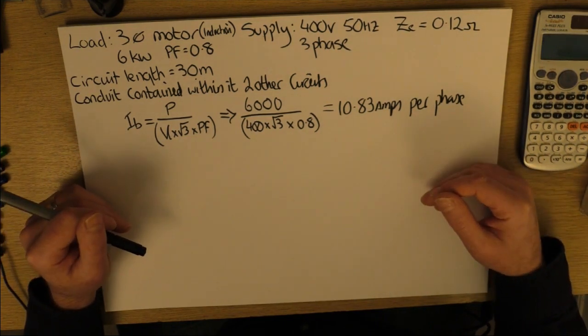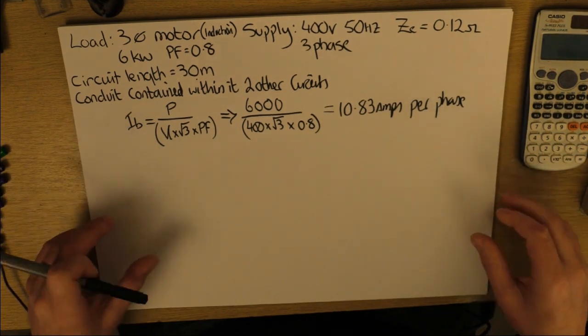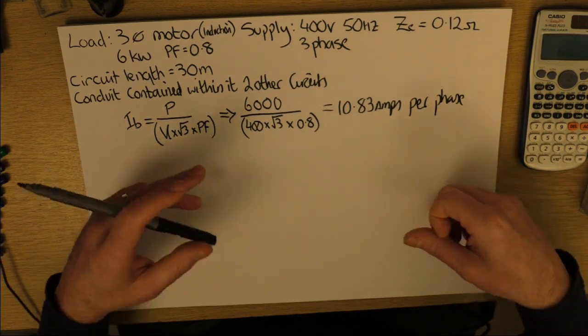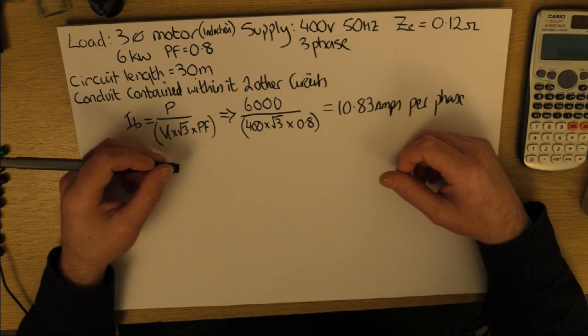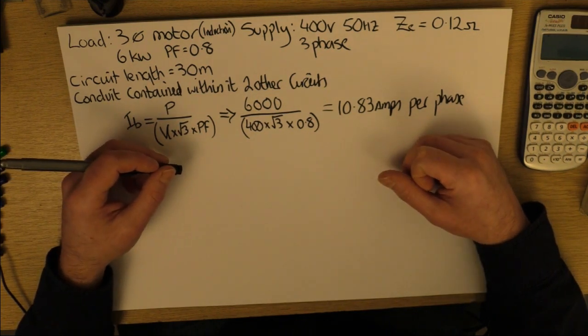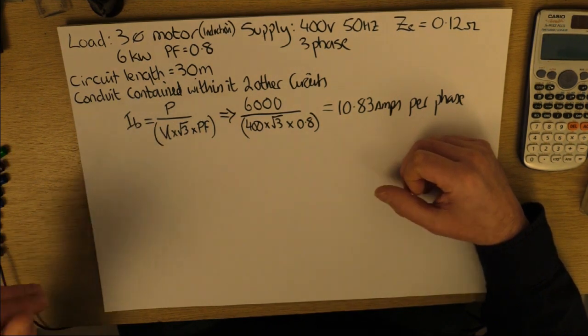You could calculate the exact amount of heat dissipated from the cable in the exact conditions, but the amount of measurements you'd have to take from that site, you'd have to contact the cable manufacturer and know the thermal resistivity of their insulation and the tolerances. It just gets mad. So we use grouping factors, and we use ambient temperature factors and buried cable factors, and these factors have been calculated for us, so why not use them?